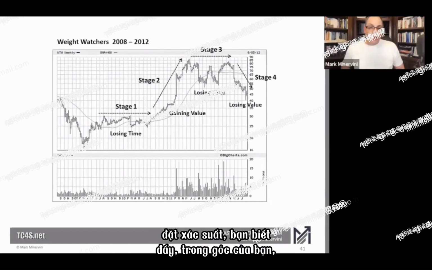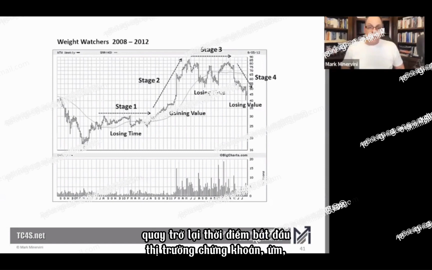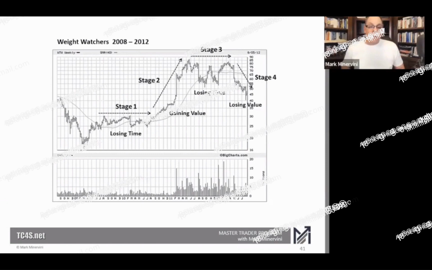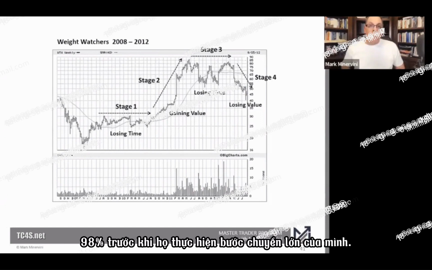Yes, absolutely. And we go back to where I talked about putting the probabilities in your corner. 98% of every big winning stock in the last 100 years, going back to the start of the stock market, was in what I call a stage 2 uptrend, which I'm going to give you the criteria for, before they made their big move.